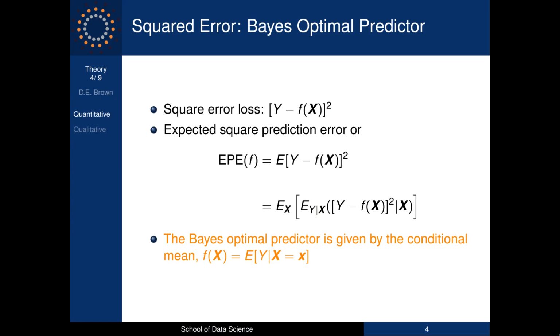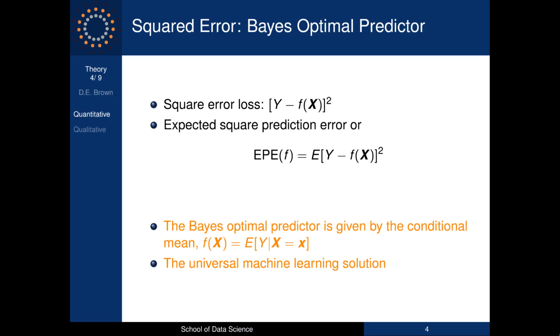The Bayes optimal predictor is given by the value that in fact minimizes that expected square prediction error. And it's easy to show that for squared error loss, that Bayes optimal predictor is the conditional mean value. So this, in fact, can be considered to be the universal machine learning solution. And this is really what we're after in many cases, is just finding a way to estimate the conditional mean value.